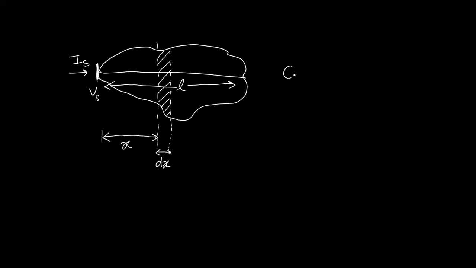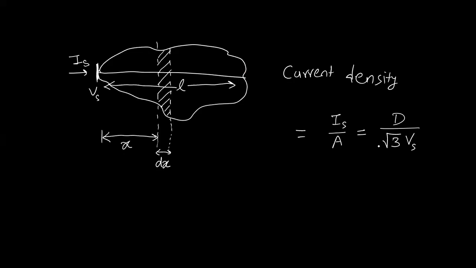So in this case, current density is simply given by IS divided by the total area. And that is from the previous equation, and that is simply D by root 3 times VS. And since this area is having uniform loading, the current density is also uniform throughout.